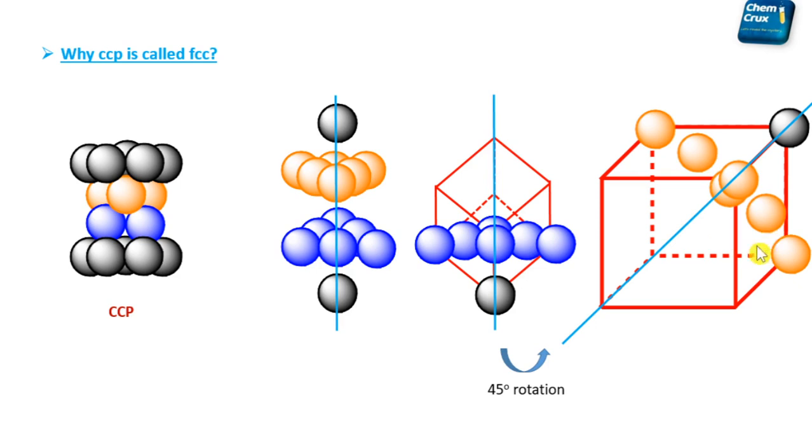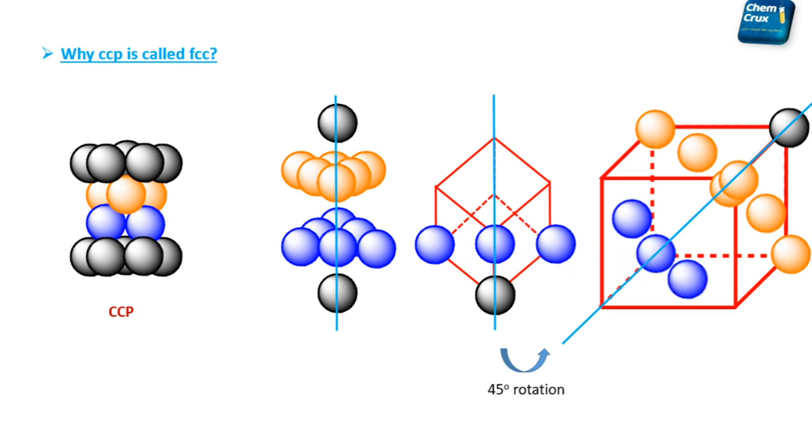Correct? Now coming to the second layer. For the first row, the sphere will go at one corner. For the second row, one sphere is present at the center of the left side wall. Another sphere is present at the center of the floor.